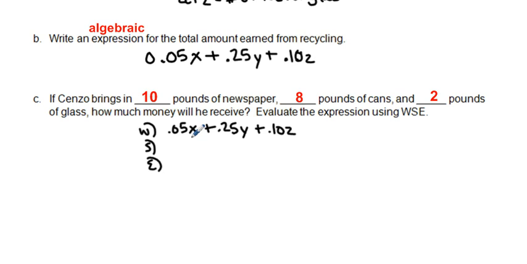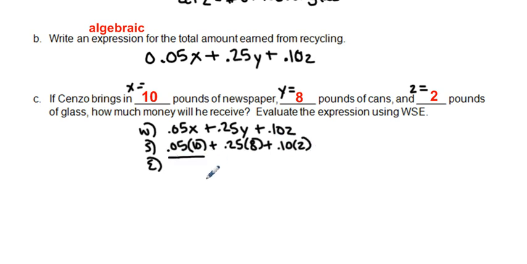Okay. So now I'm going to plug in, this is the X value. This is the Y value, and then this was my Z value that I defined above. So 0.5, I'm going to plug in 10. Here I'm going to plug in 8. And here I'm going to plug in 2.